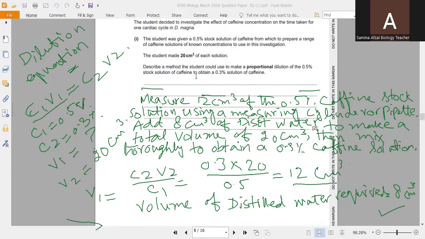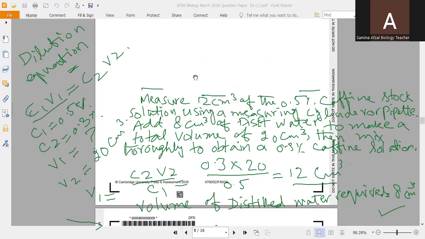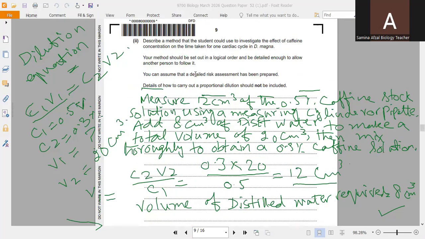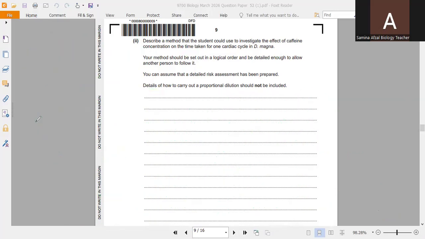Next part of this question is: describe a method that the student could use to investigate the effect of caffeine concentration on the time taken for one cardiac cycle in D. magna.